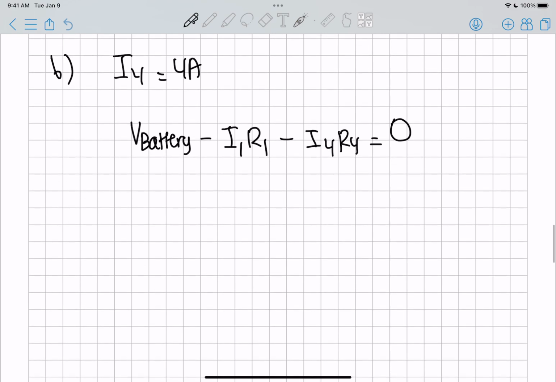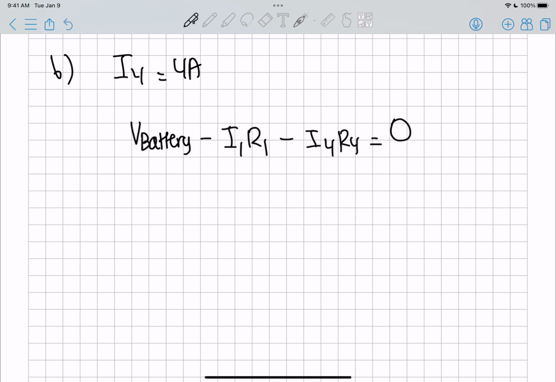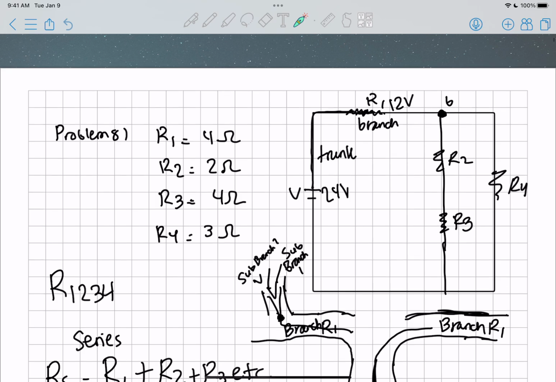Okay, so how do I want to word this? Let me adjust this. Instead of just saying it equals 0 at the end, let's say the change in voltage is 0, because that's what the loop rule technically is, that you don't have any change in voltage by the time you get to the end.